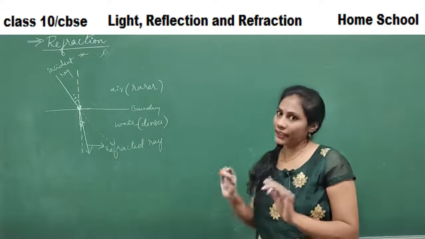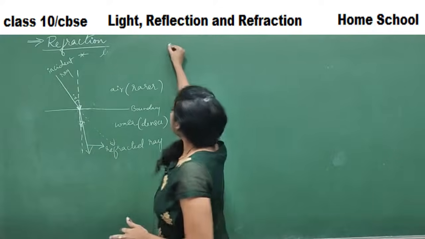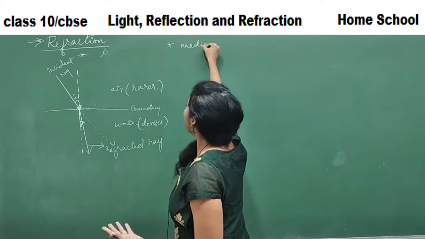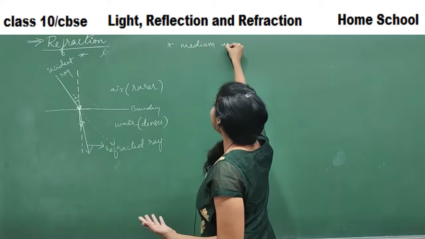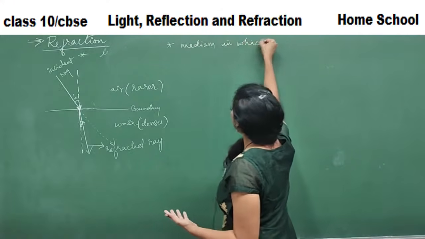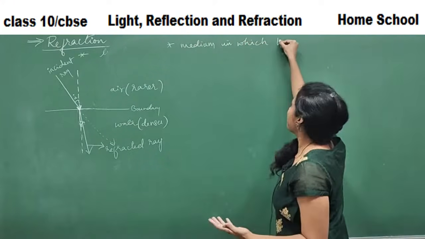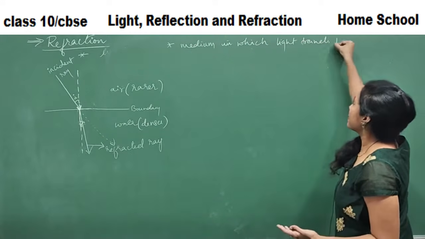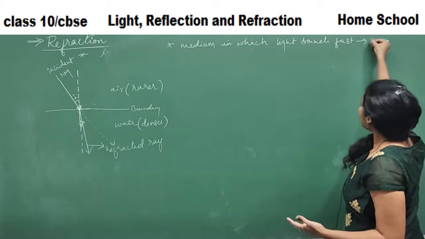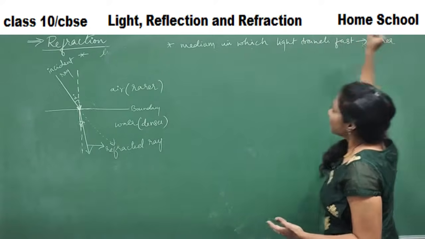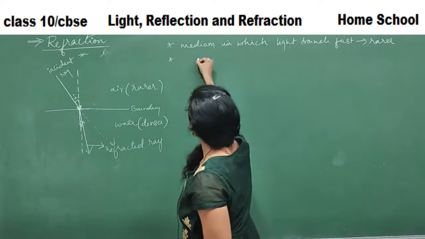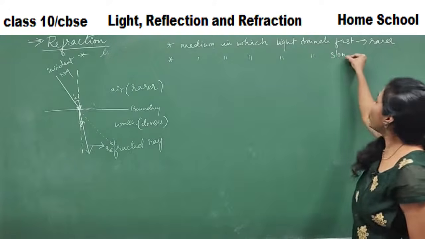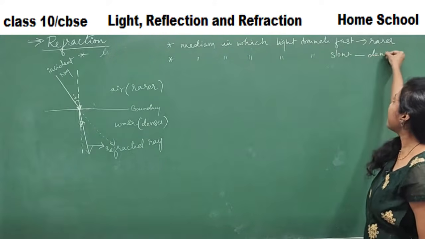There is a thing that you have to remember. Try to note this point: the medium in which light travels fast is called rarer medium, guys. And the next point is the medium in which light travels slow is called denser medium.